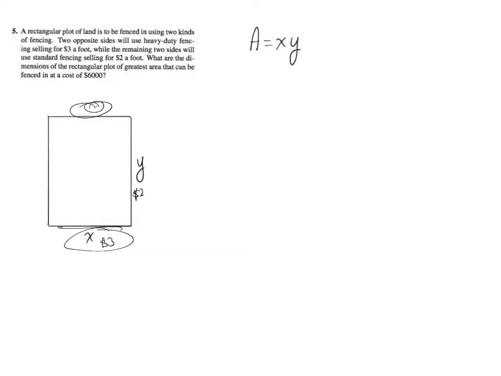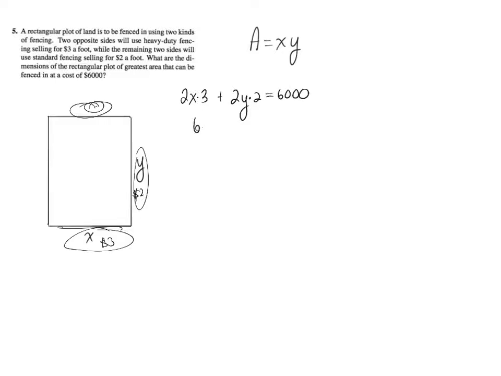So the amount of money that we're going to use for the $3 per foot fencing is going to be two sides that are each x long, at $3 a linear foot. Now, there's going to be two ys, and they're each going to be $2 per foot, and that total has to be $6,000, or certainly no more than $6,000.